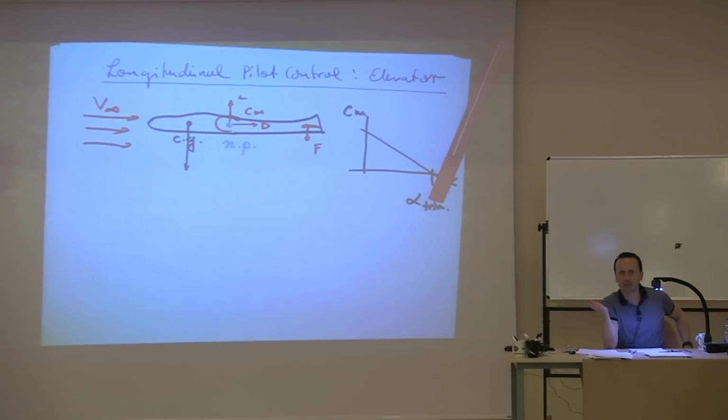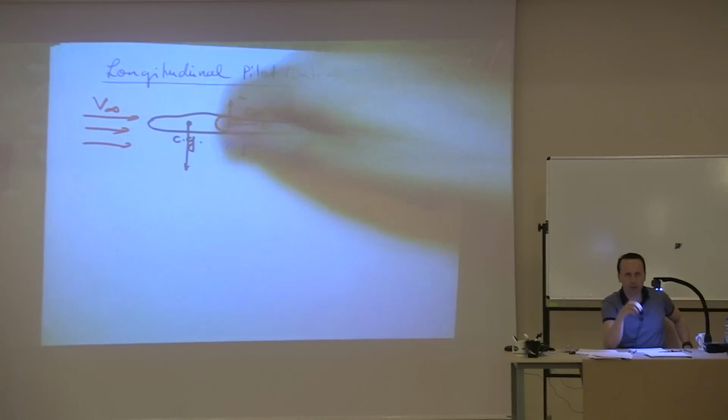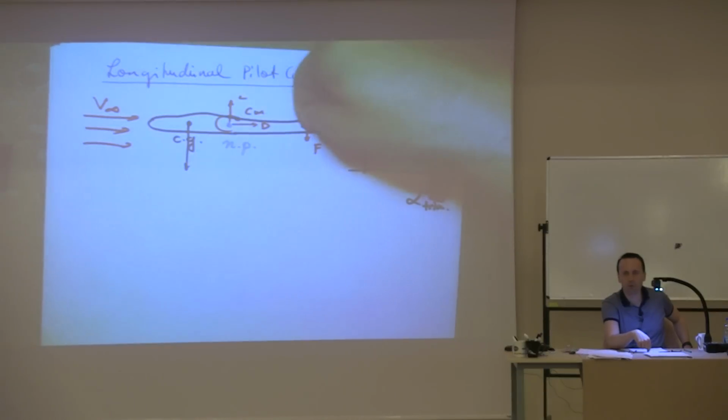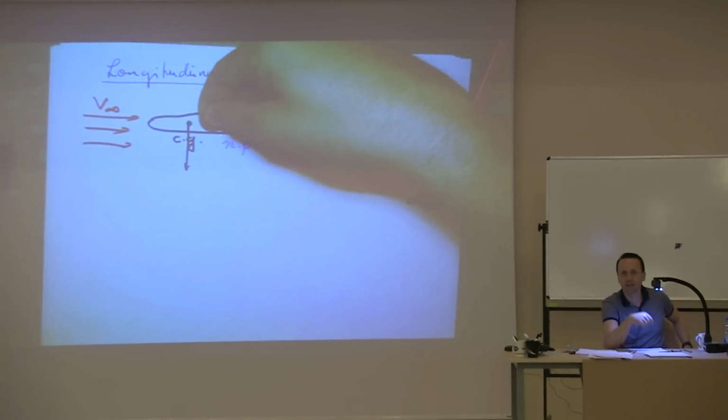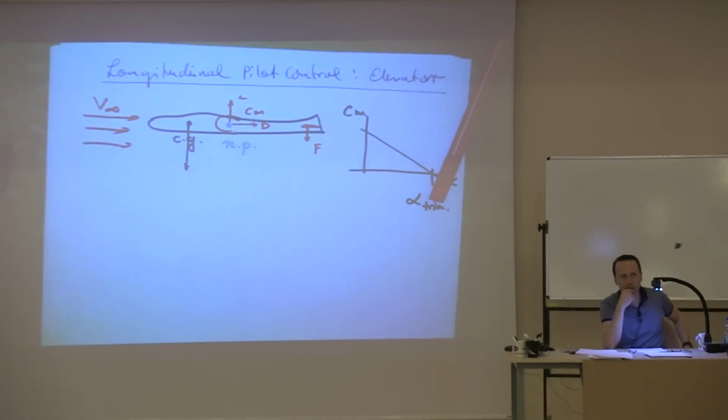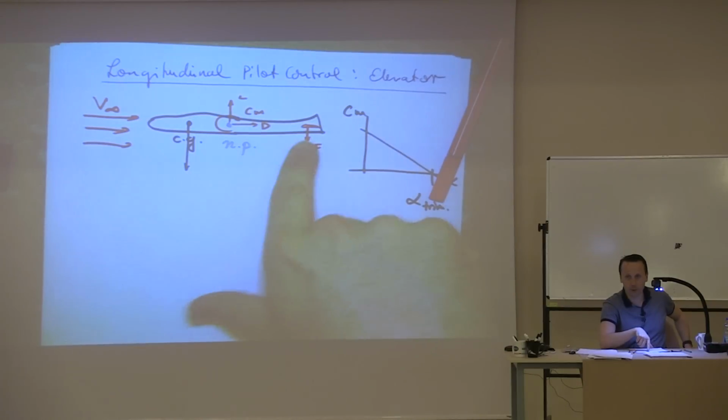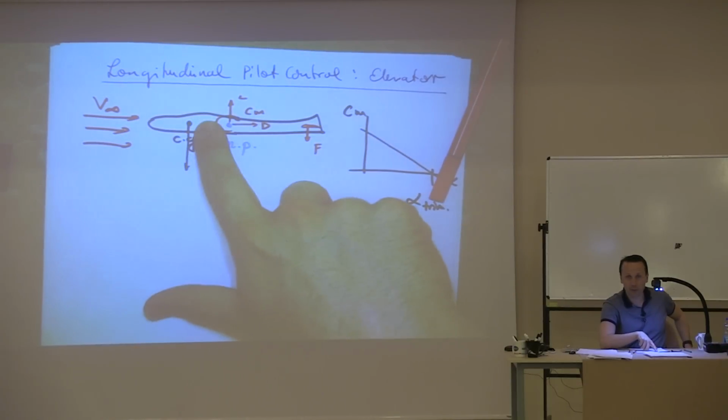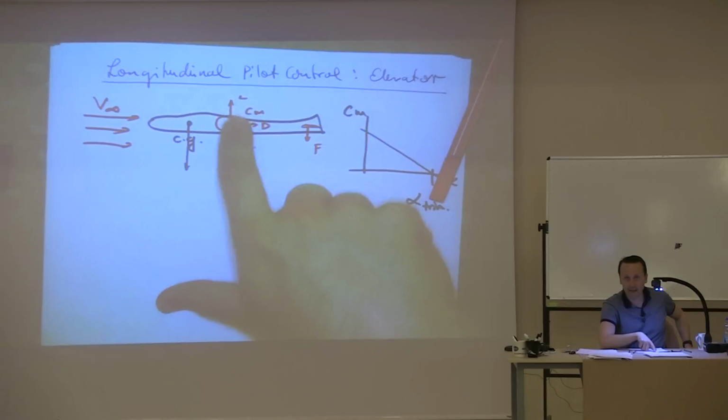Yes or no? If all passengers run to the back and the CG moves here, will I have a nose up or a nose down? Of course, right? That's now easy. All passengers running to the back, nose up, right? Look at this picture, CG is moving this way, so these guys will not have enough moment anymore.